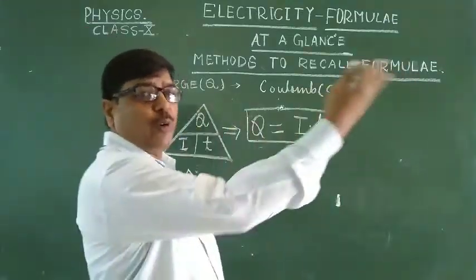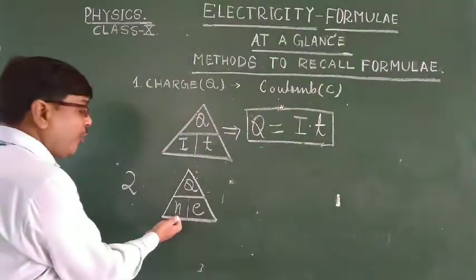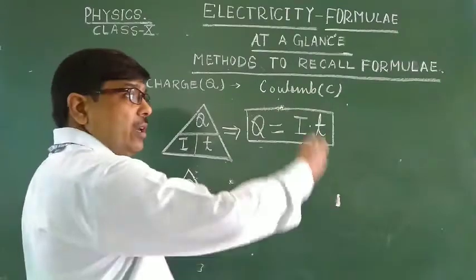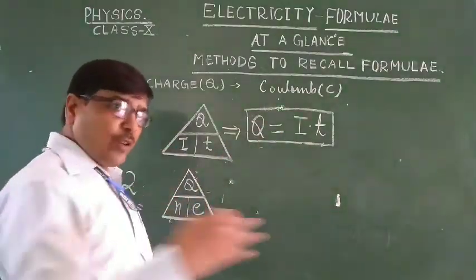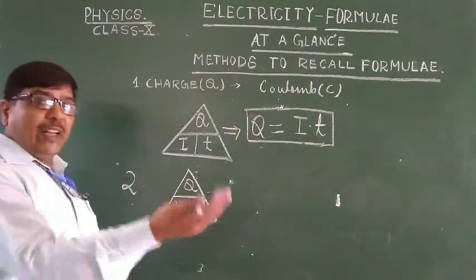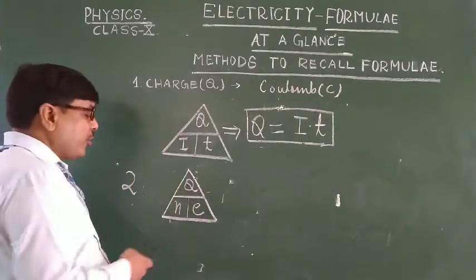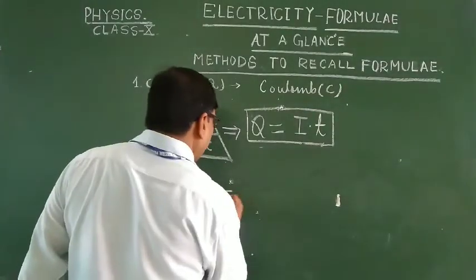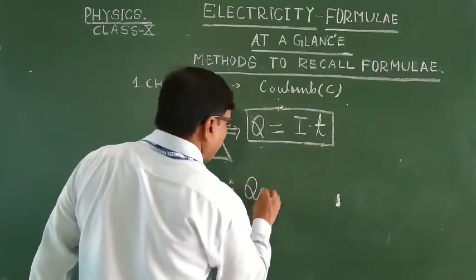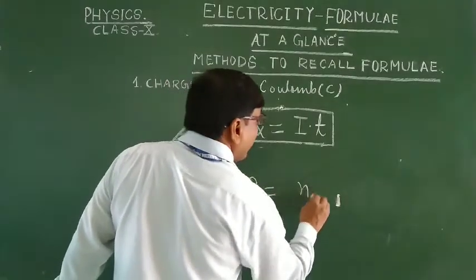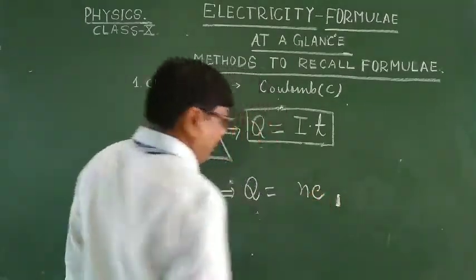When charge flows through a conductor, a number of electrons flow, and the current flows in the opposite direction. So here Q is equal to the product of N into E.